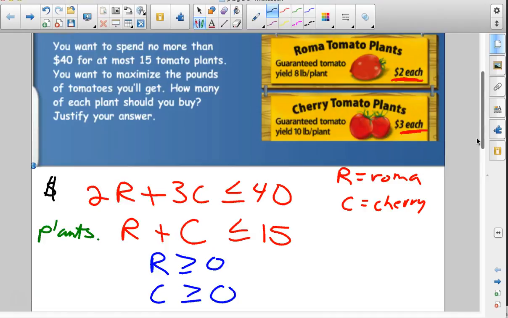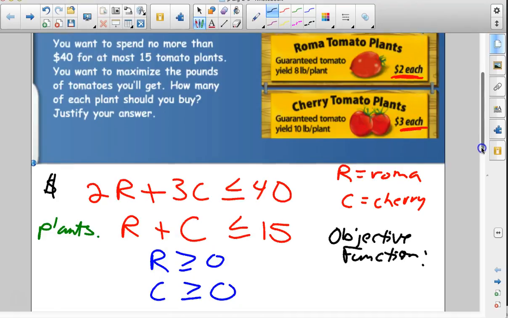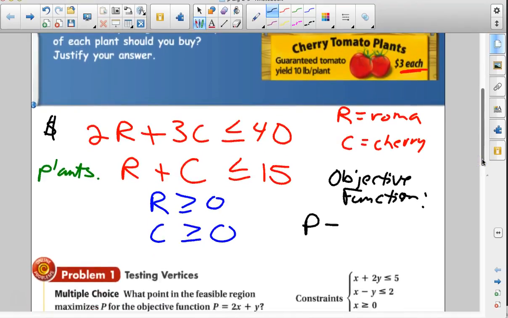Maximize the pounds of tomatoes you get. Well, that's not an inequality. That's called an objective function. The objective function is, what do you want to happen? And what we want to happen is we want to get the most pounds of tomatoes for our money. So I think I'm going to use P for pounds here. And I go back and I try to find out, was there something about pounds in here?